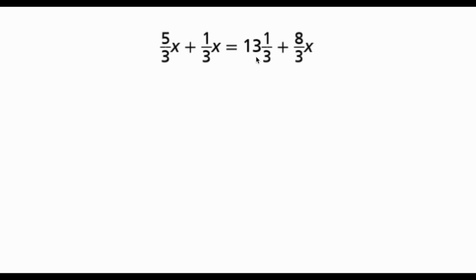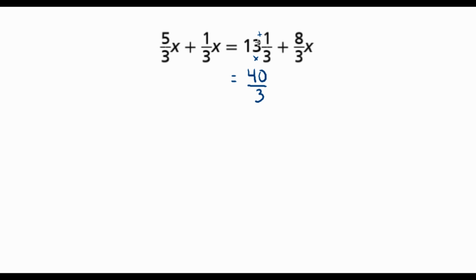If you don't remember how to do that, all you have to do is take the whole number in front, the 13, multiply it by the denominator, and then you add the numerator. So let's go ahead and do that underneath it. 13 times 3 is 39, and 39 plus 1 will give us 40. 40 becomes your new numerator. The 3 stays as your denominator.